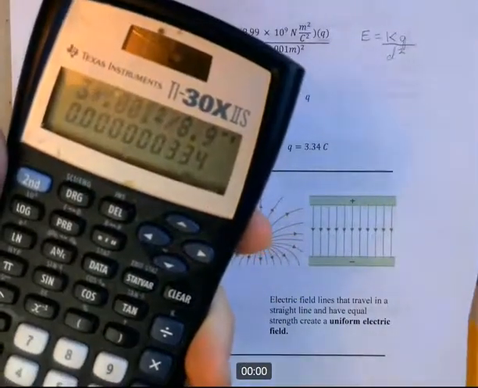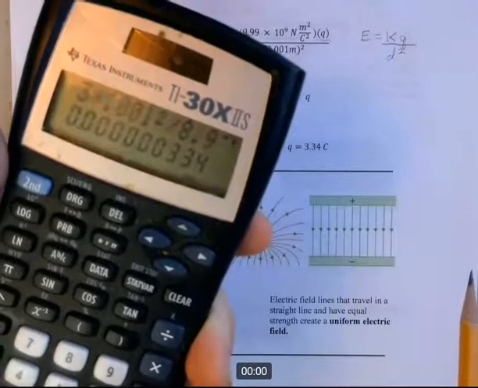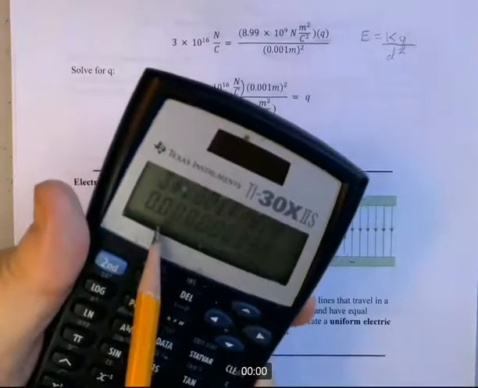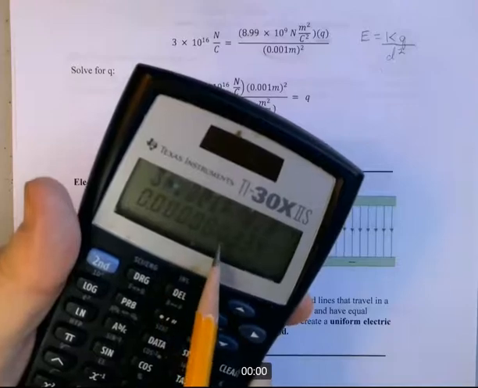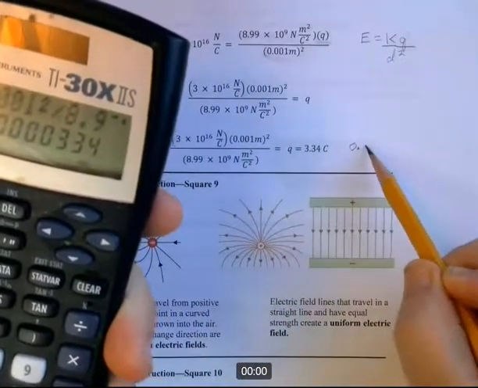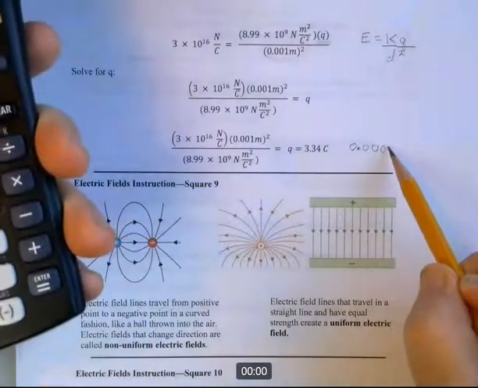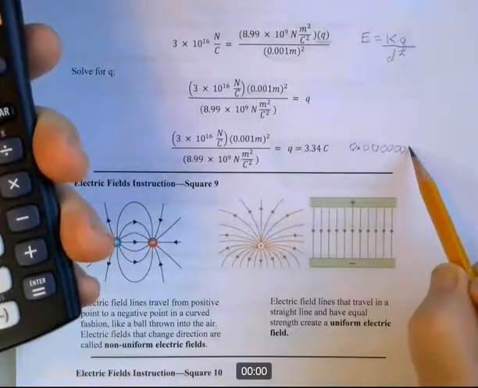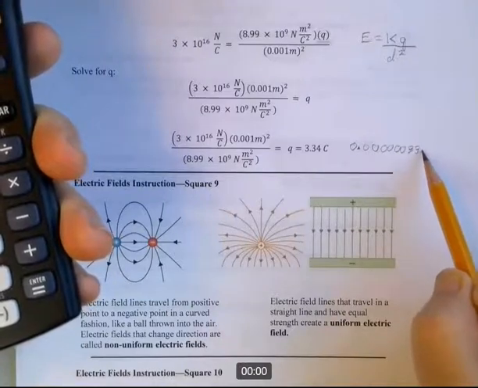So I'm going to write that. It's 0.0000. That's how many zeros? 1, 2, 3, 4, 5, 6 zeros in front. So that 0 doesn't count. So 1, 2, 3, 4, 5, 6, 3, 3, 4.